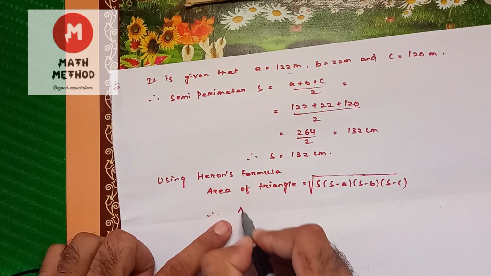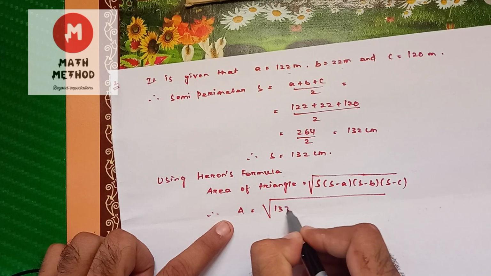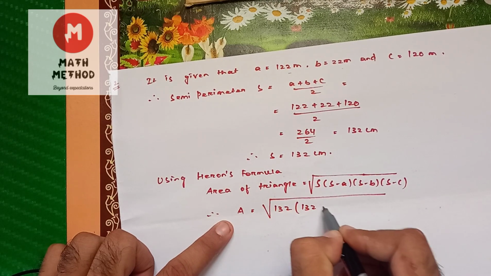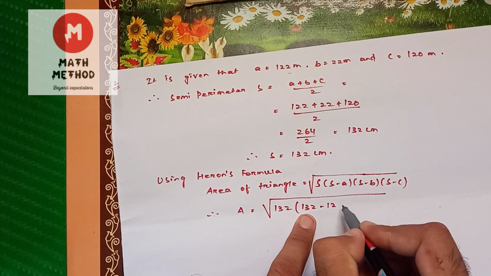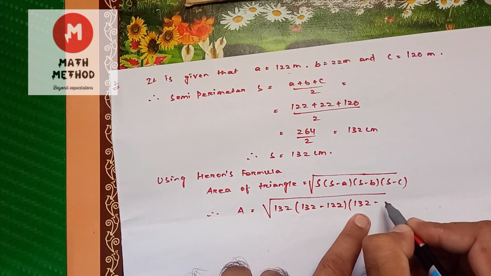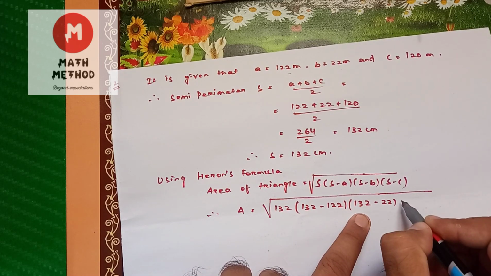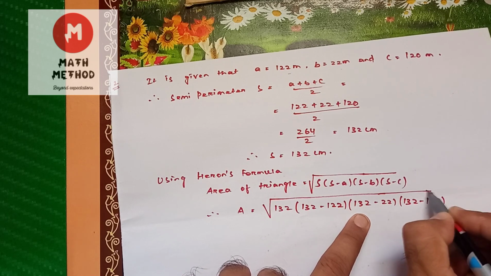Now A is equal to root over, here S is equal to 132, so 132 into (132 minus 122) into (132 minus 22) into (132 minus 120).